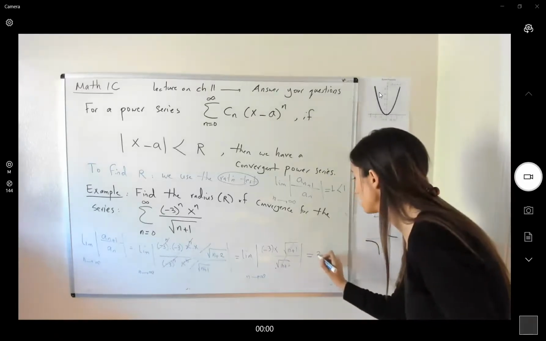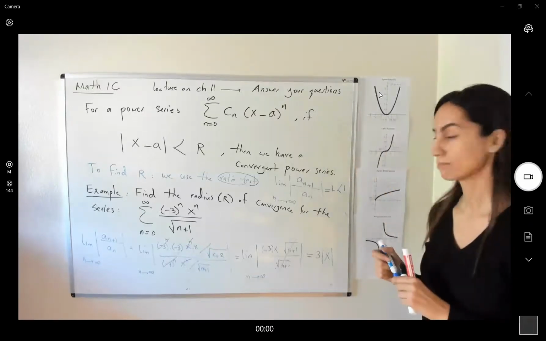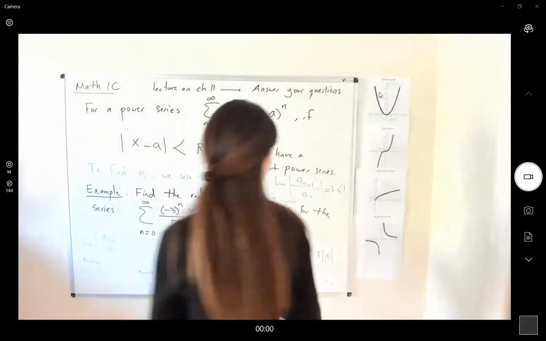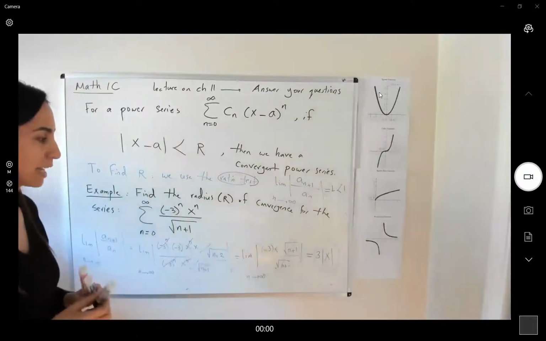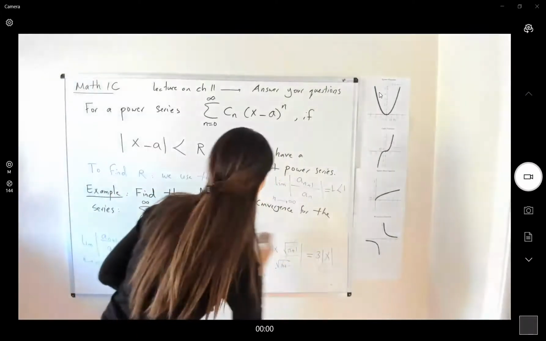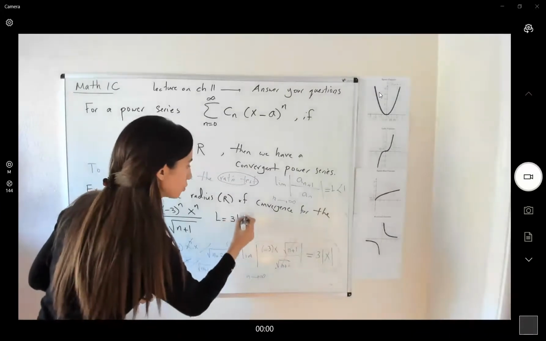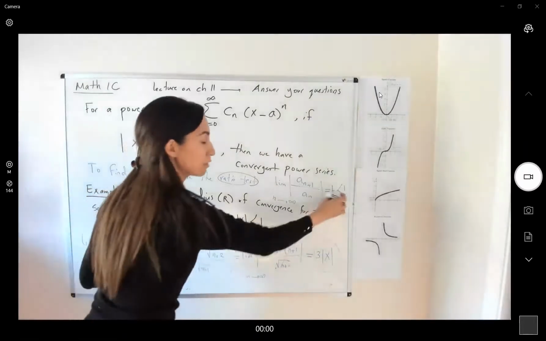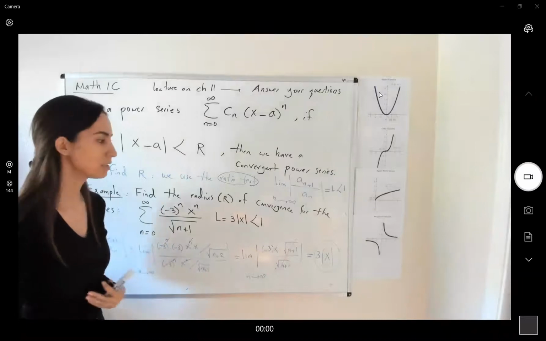3 times absolute value of x. This is your limit. Very well. This is your L. And you know that, this is my L, so I'm going to write it here, L is equal to 3 absolute value of x. You know that if L is less than 1, we learned it before, then you have an absolutely convergent series.